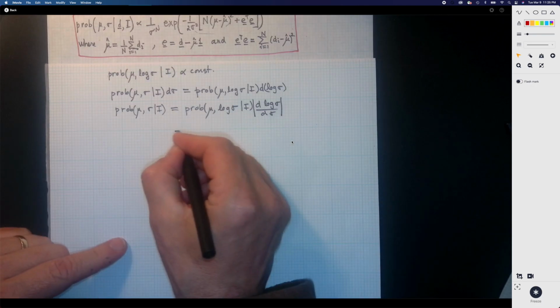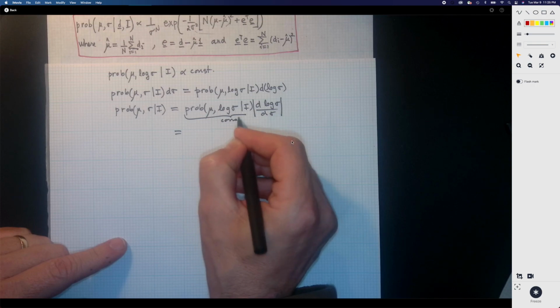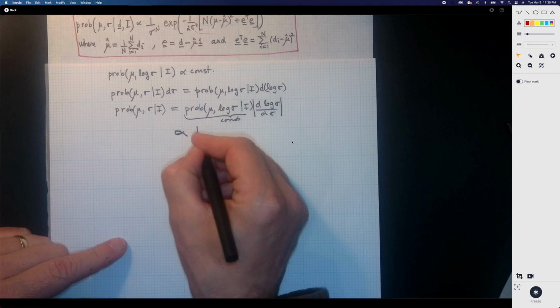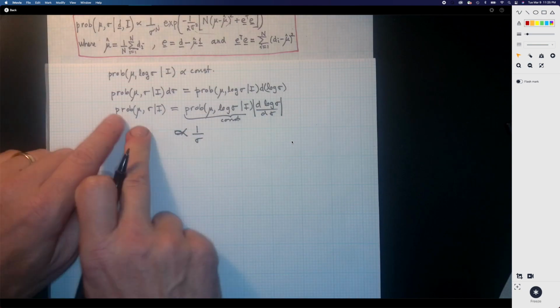And so this is equal to, now this is a constant, so this becomes proportional to this quantity, which is just 1 over sigma. And so this will be our prior.